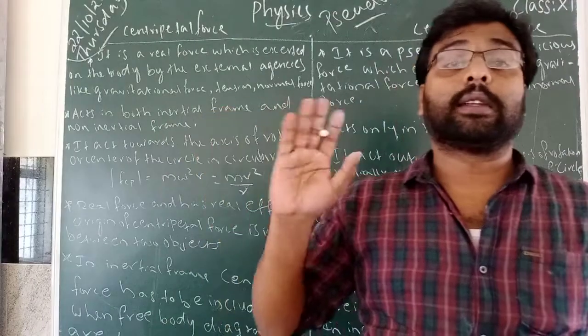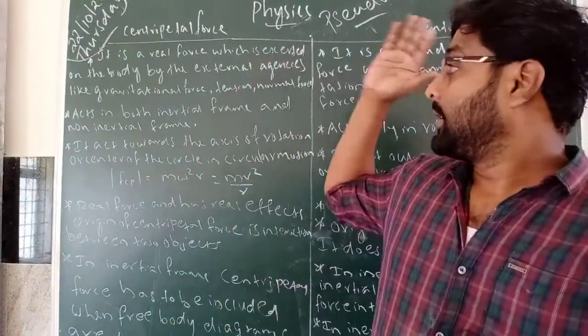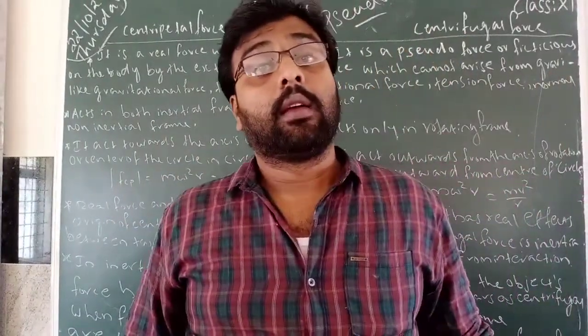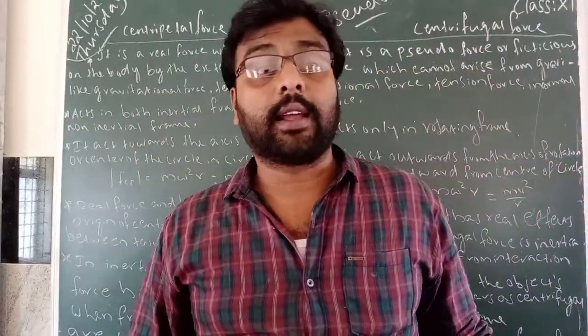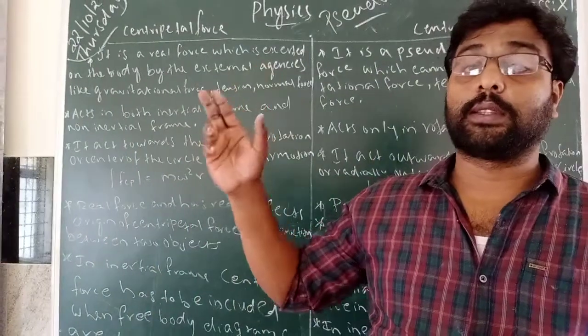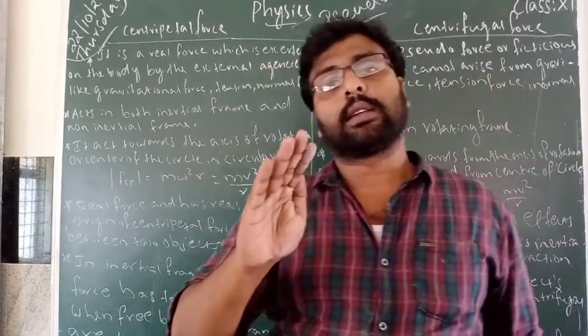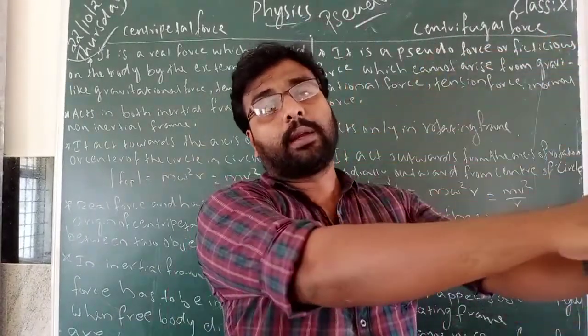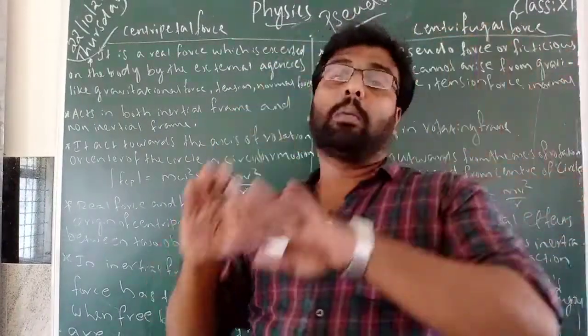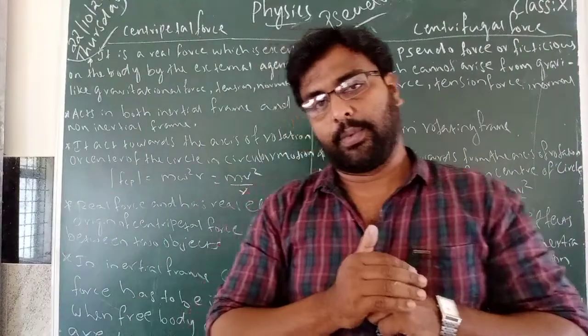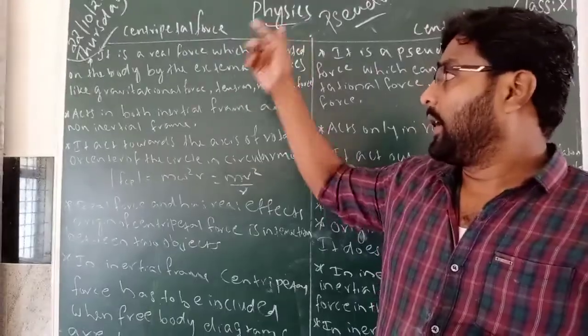So this is what centripetal force is: exerted on the body from an external agency. This gravitational force is providing centripetal force. Frictional force is providing centripetal force. Normal force is providing centripetal force.